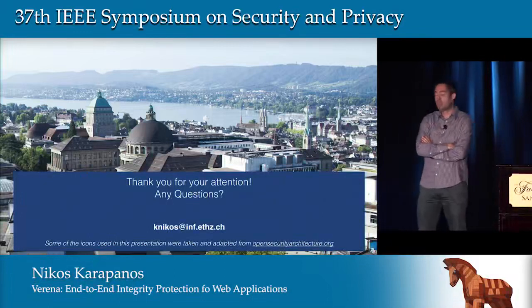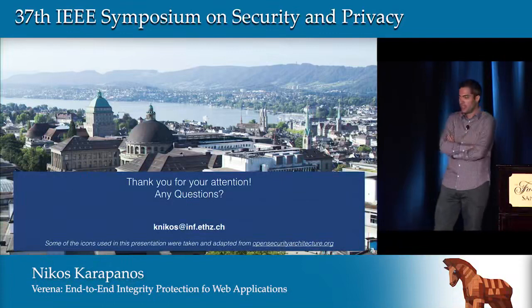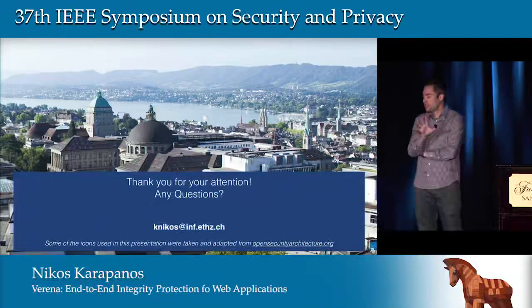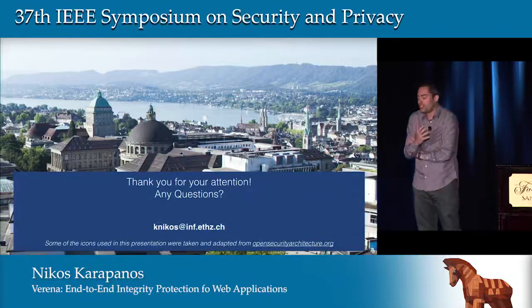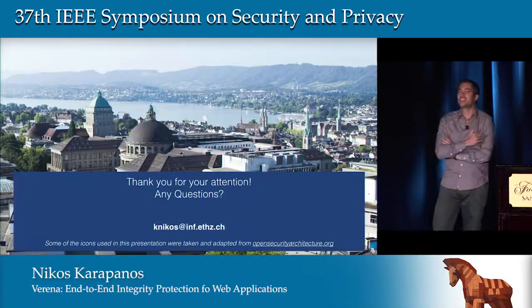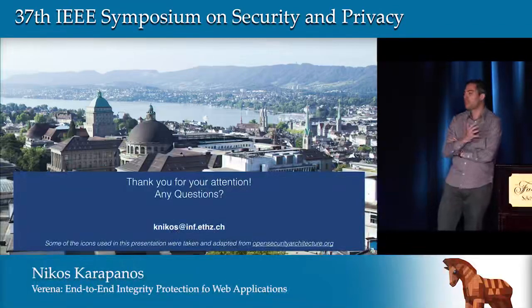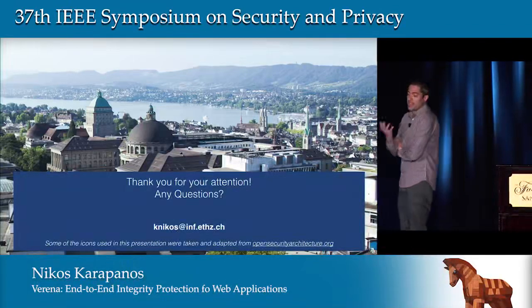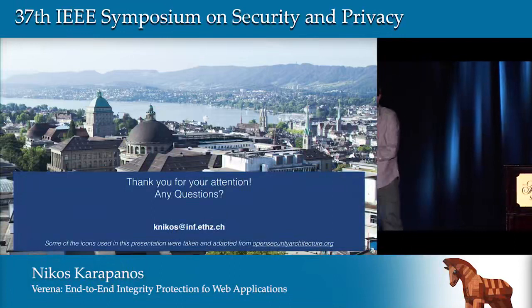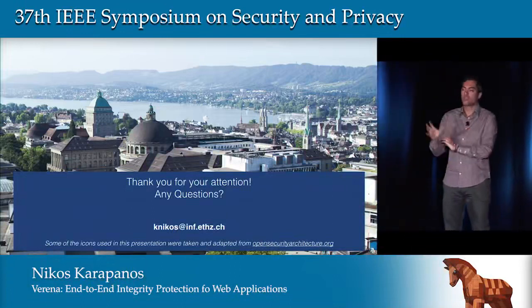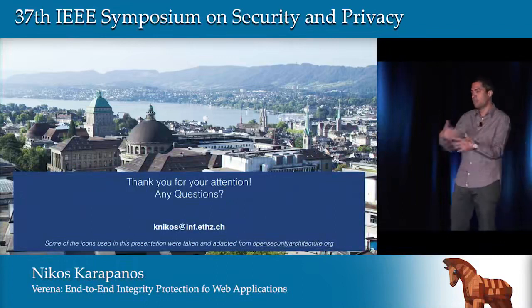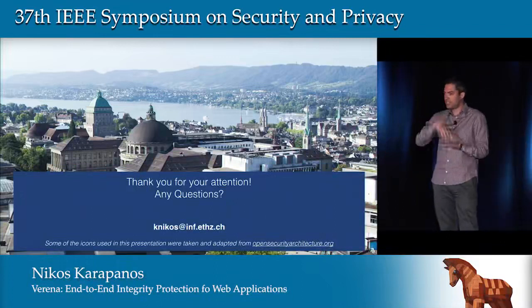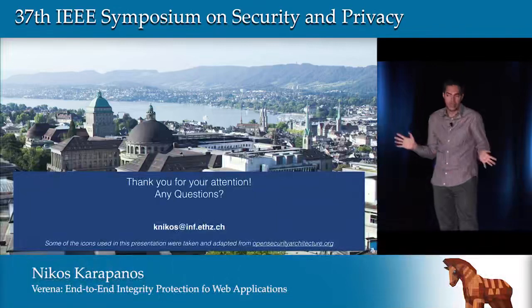We could, and our plan is to actually make it available. The code is not ready yet, in the sense that it's a prototype implementation, so I would like to ensure that it's more robust. But then a developer that implements an application in Meteor could just download the Meteor package of Verena, plug it in, and use the API that we describe in the paper and that is implemented by our code in order to express the integrity policy of the web application and then secure that application.